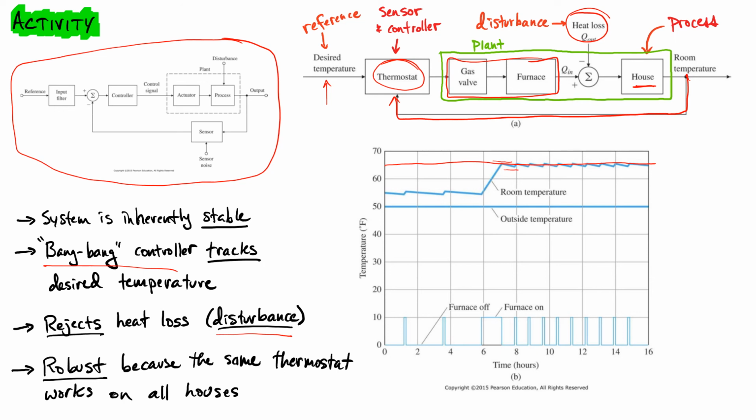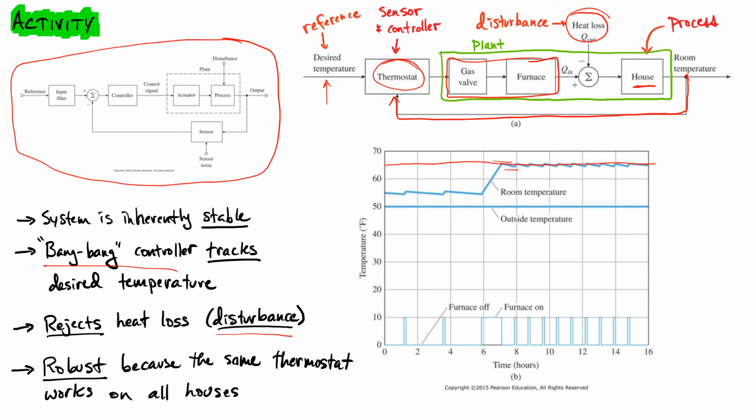Some more modern thermostats could possibly build a data-driven model about the house insulation and how it reflects sunlight and things like that. But by and large, these simple on-off controllers are robust because we install that same thermostat and do no calibration in many different houses, apartments, and so on. And so it's a very robust controller mechanism.